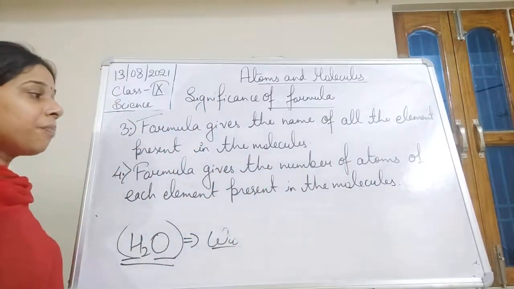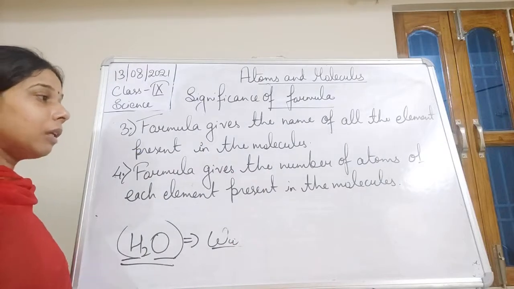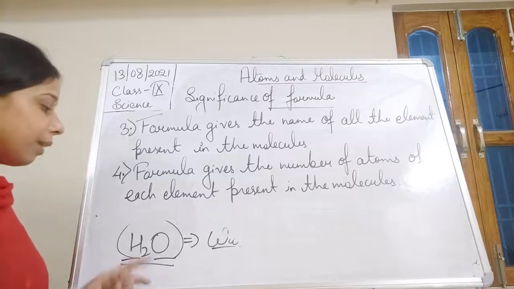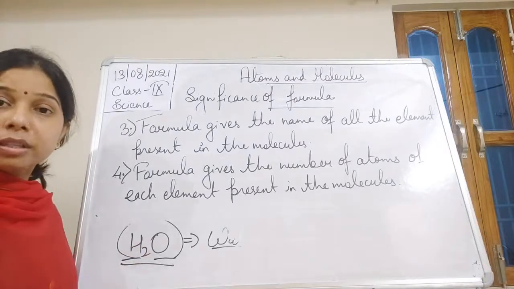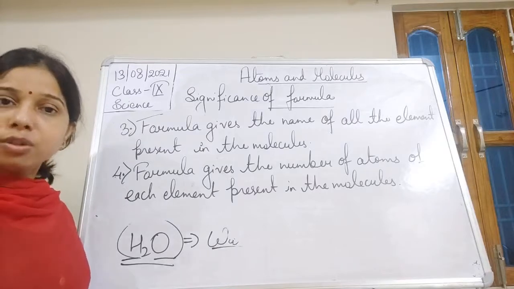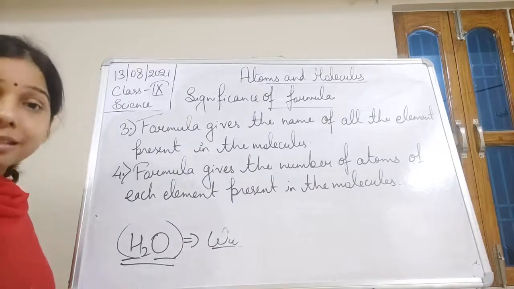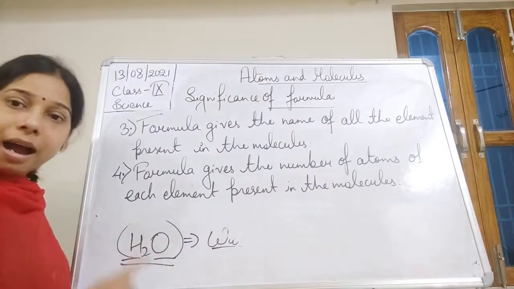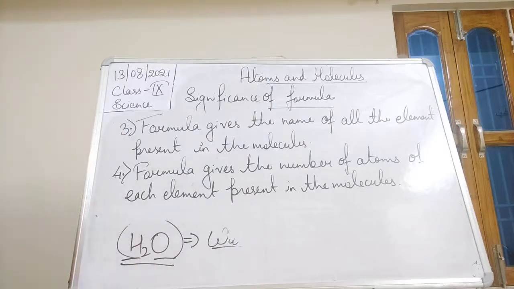So formula helps in giving the number of atoms of each element present in the molecule. Hi student, with the help of this formula, you are not only able to tell that it is water, and the kind of elements involved here, but you can also tell the number of atoms of hydrogen as well as the number of atoms of oxygen.